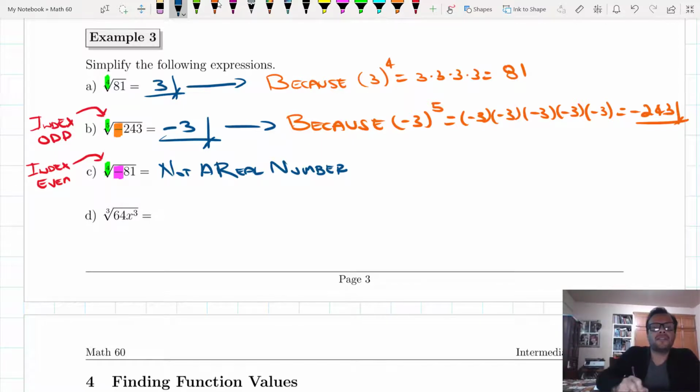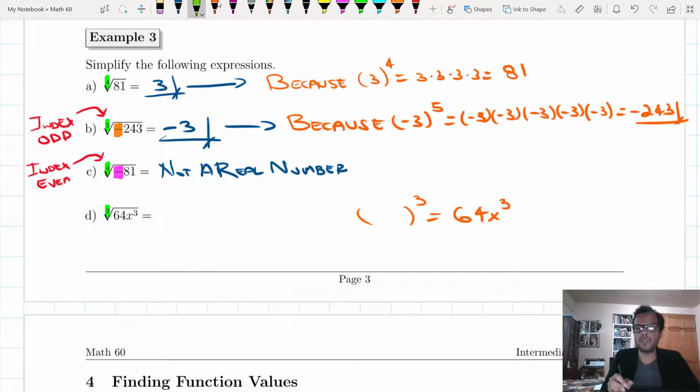Letter D, let's look at the cube root of 64x cubed. Let's highlight the index. The index is, in this case, this tiny number, the 3rd power. So the cube root of 64x cubed. What quantity to the 3rd power equals 64x cubed? First of all, what quantity to the 3rd power equals 64?